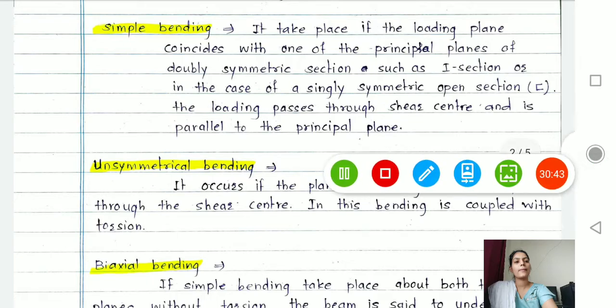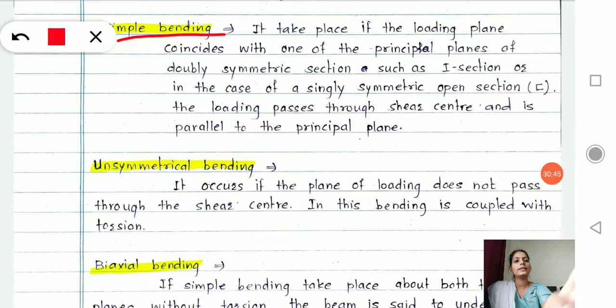See here, simple bending takes place if the loading plane coincides with one of the principal planes of the doubly symmetric section. What should coincide?